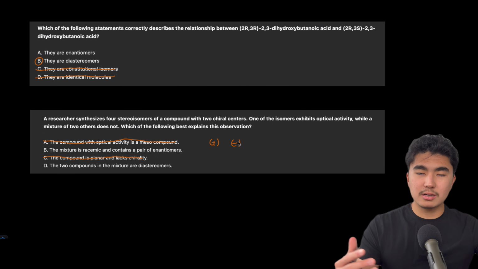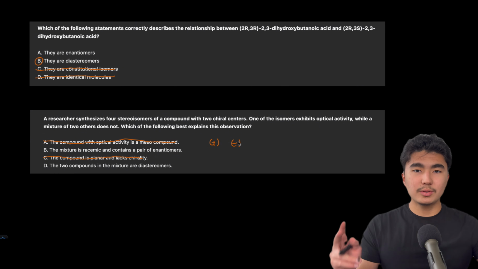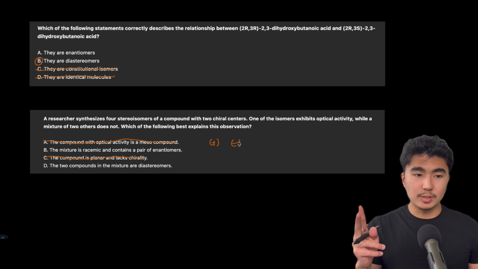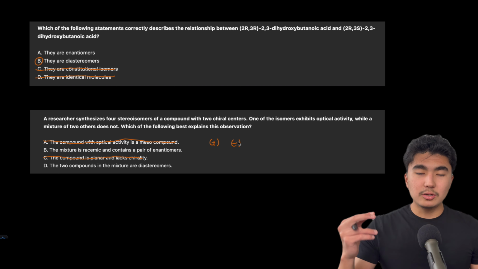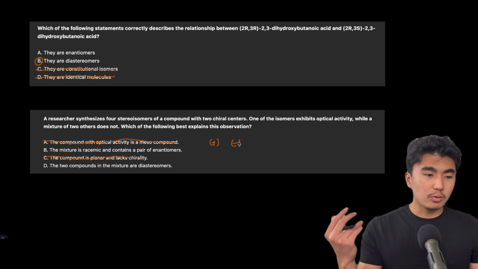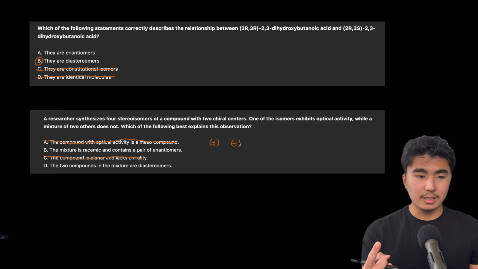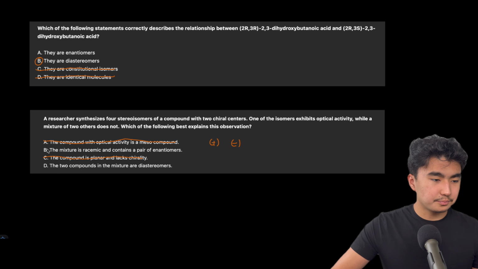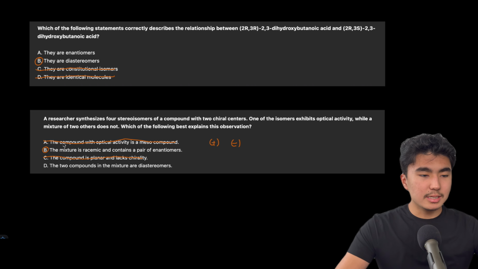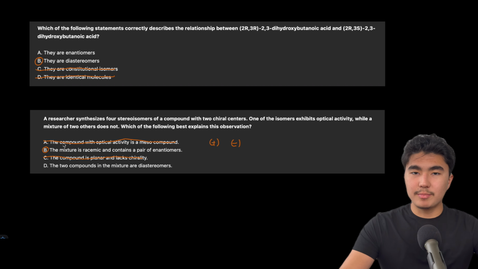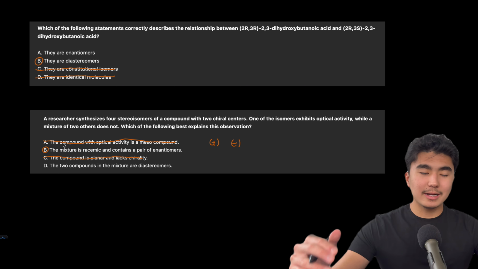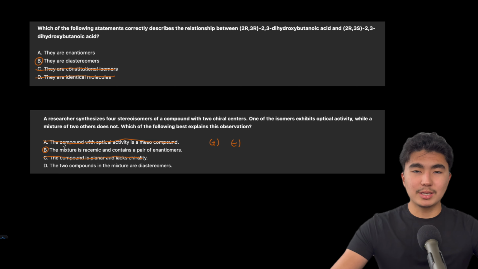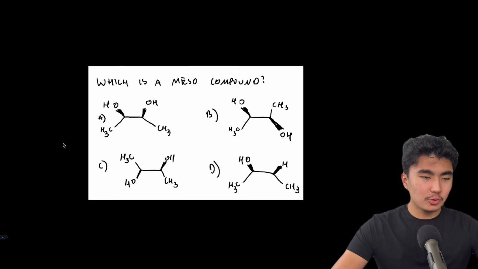One of them is positive, the other one has the negative sign. They're going to be a pair of enantiomers. Since they mix together, they do not have optical activity, while one of the others needs to have optical activity, which is at least one of those enantiomers. So the answer for this one is B, because this talks about while a mixture of 2 of them does not, which, if we see a mixture of 2 that don't, automatically you need to know that as a racemic mixture.